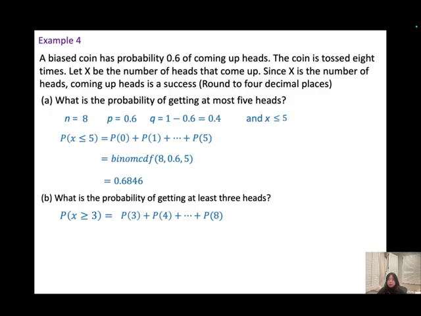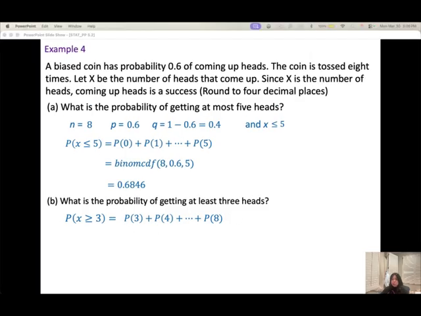We only learned binompdf and binomcdf. PDF is talking about exactly at that point. CDF is the cumulative from 0 to that point, to the x. But here, we're starting from P of 3. So what can we do? How can we calculate this?